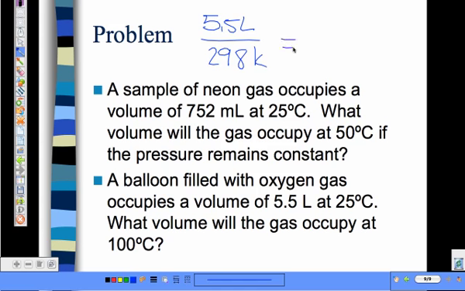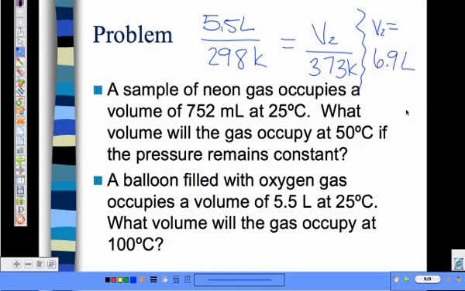We're looking for our second volume, and what's our new temperature? 373. So V2 is equal to what? 6.9 liters. Very good. Questions on Charles' law?